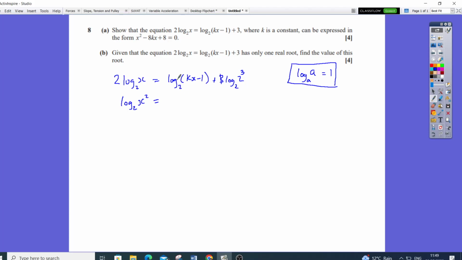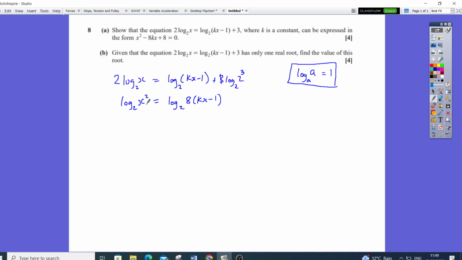And with the log rules, you should also know that when you've got a log add a log, you can then put it all into one log and multiply these two. So that will become log to the base 2 of 8 multiplied by this bracket. Okay, so we combined all that together.